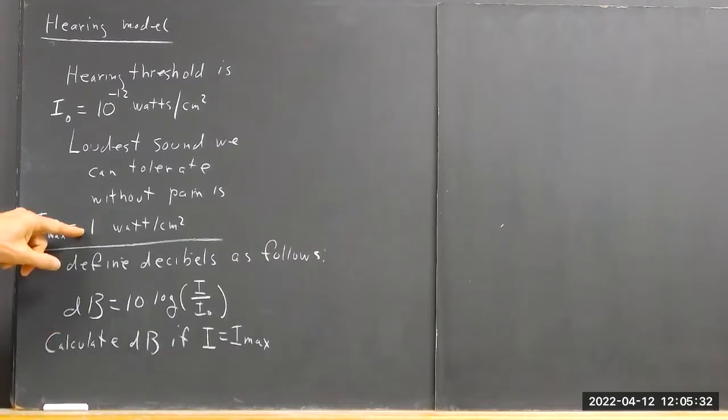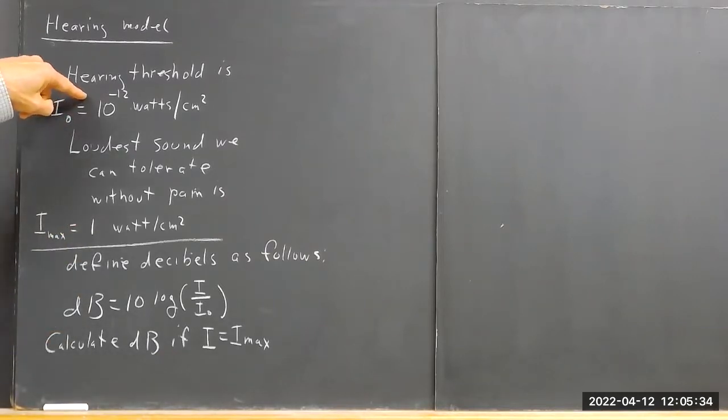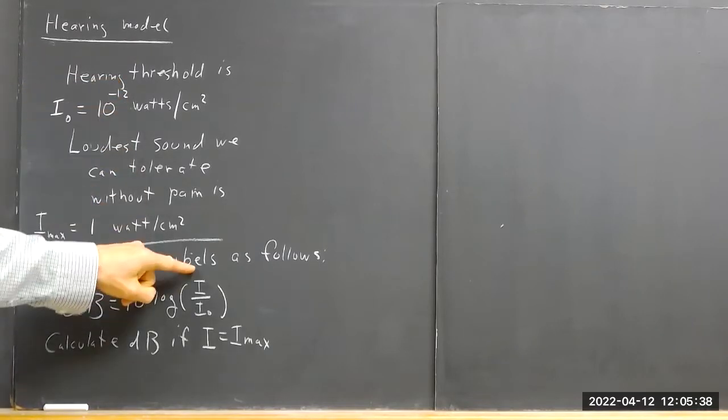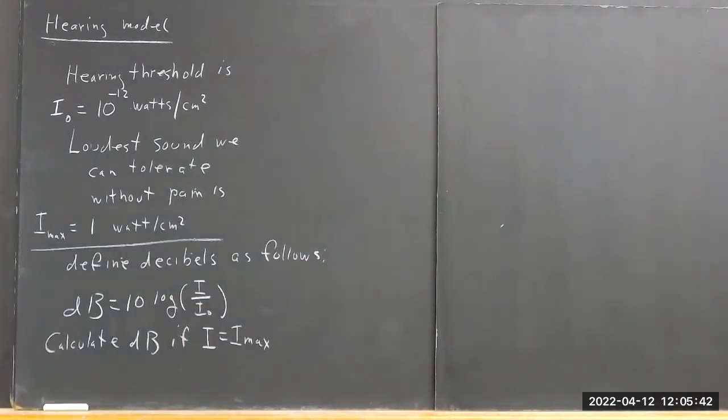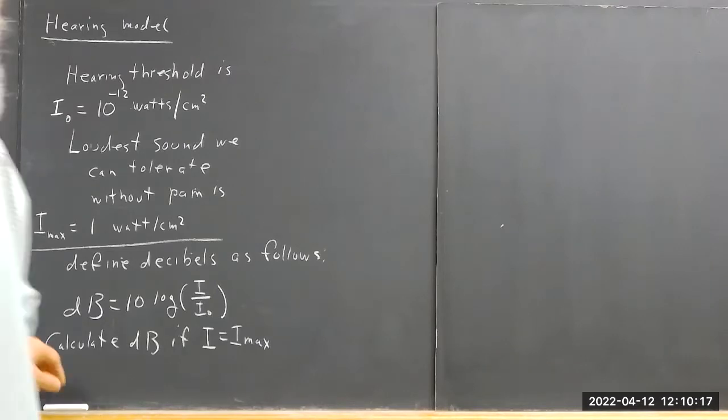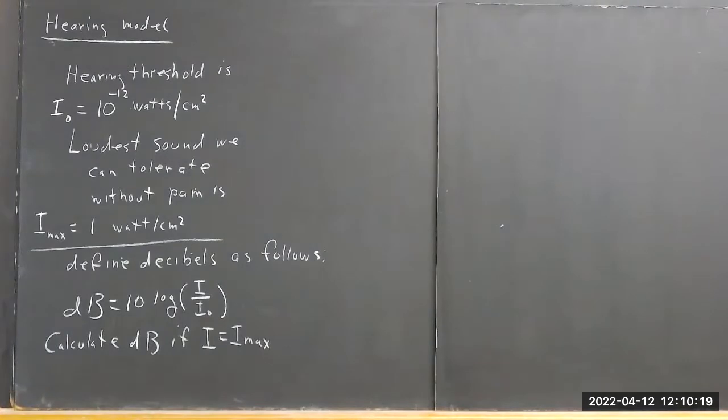Now, I've already told you what I max is, and I've told you what I naught is, right? You're just going to plug this and this in for I and I naught, and then do the arithmetic.